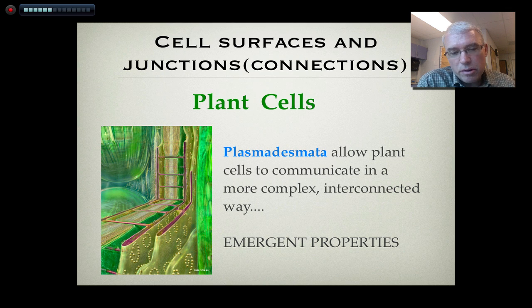So, for example, material can move from the roots of plants up to the shoots or the leaves of plants through a connected series of plant cells in a tissue called phloem, or inside of dead cells in a different tissue called xylem, which we'll talk about later when we talk about transport in plant cells. But this emergent property of transport is something that happens because of the ability of a multicellular plant to communicate cell to cell and move materials around.